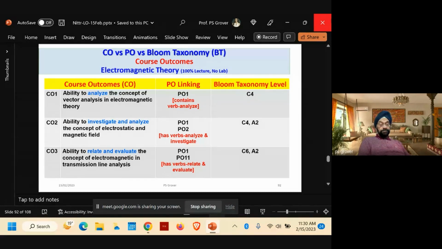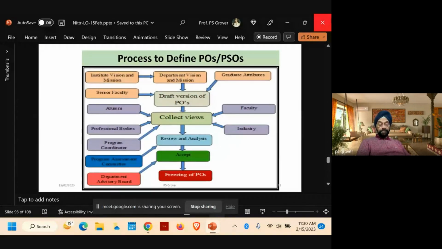Look for the verb in PO2, 3, 4. Look for the verb in PO11. Then you can always say that this Bloom taxonomy level, looking at the verb, is level 3 or 4 or 5. Now, please see here, these are the things where the faculty has to spend efforts of discussing, analyzing, and putting into practice.